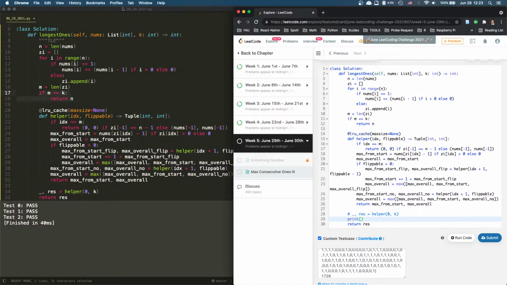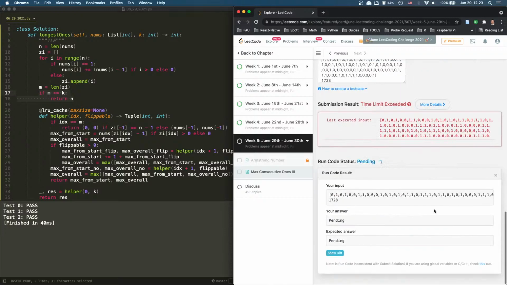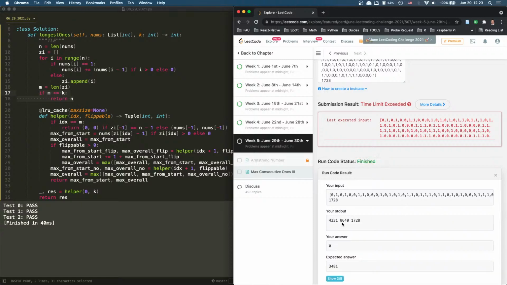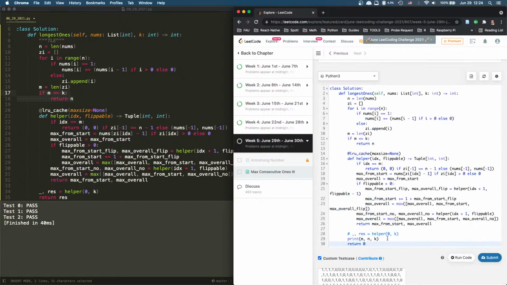Let's print n, k. Return 0. And I just want to see m and k. Oh, that's not right. Okay.